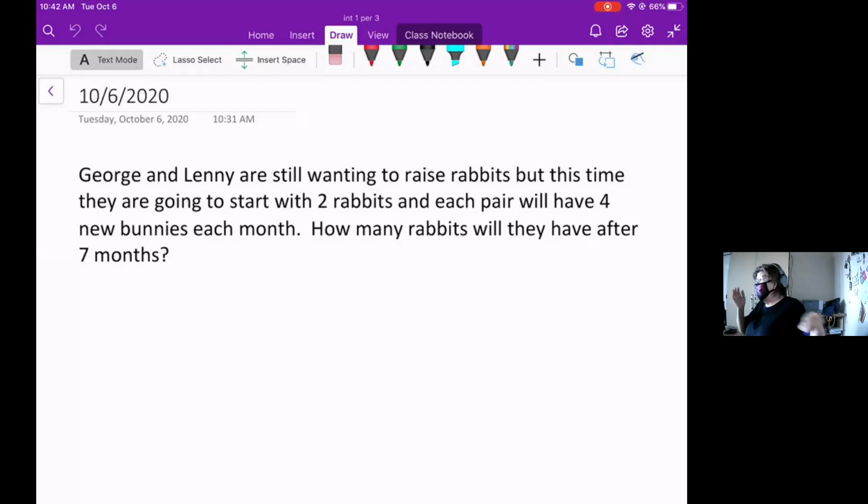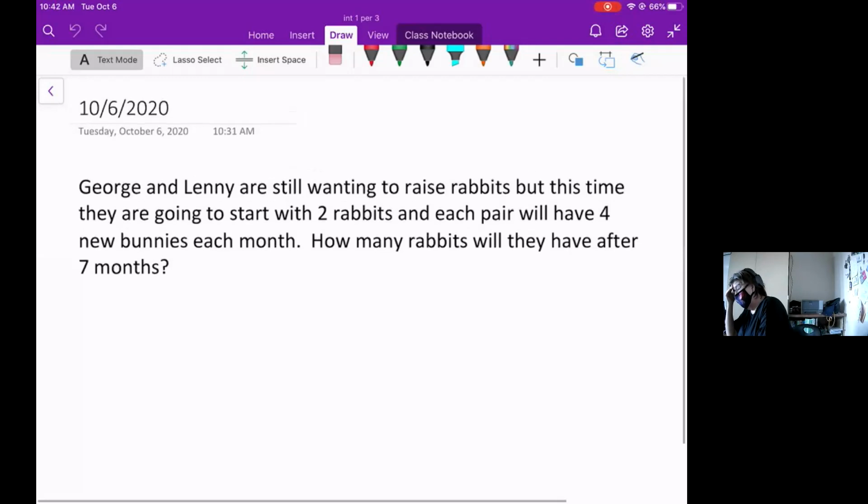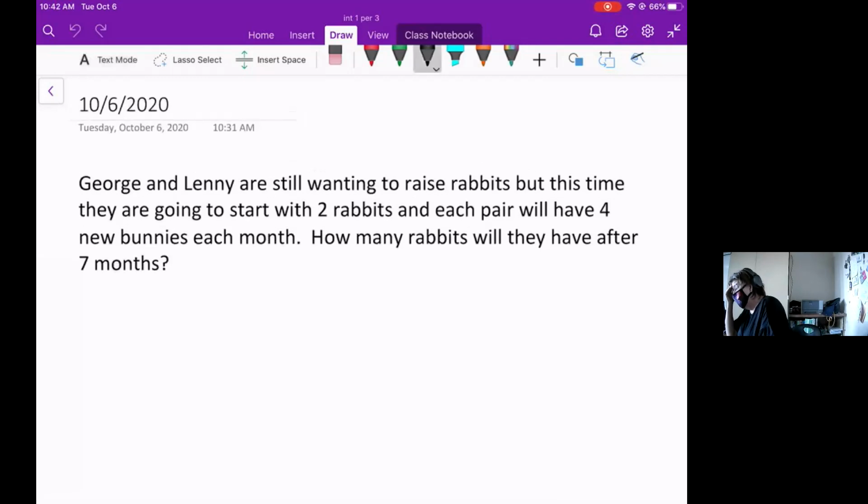So since it looks like not most of you watched the video, we're going to start with a diagram. Okay? So they start with 2 bunnies. After 1 month, they've had 4 more bunnies, right? So how many total do they have?